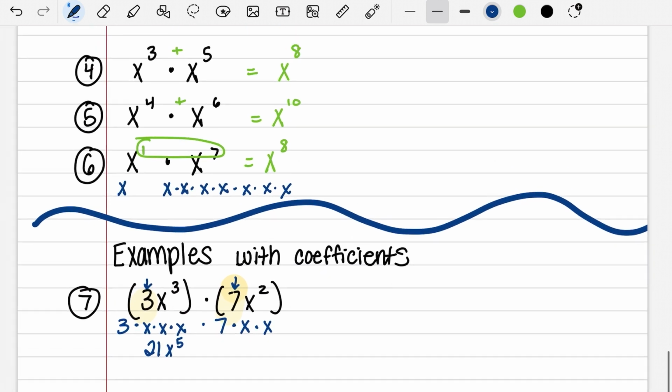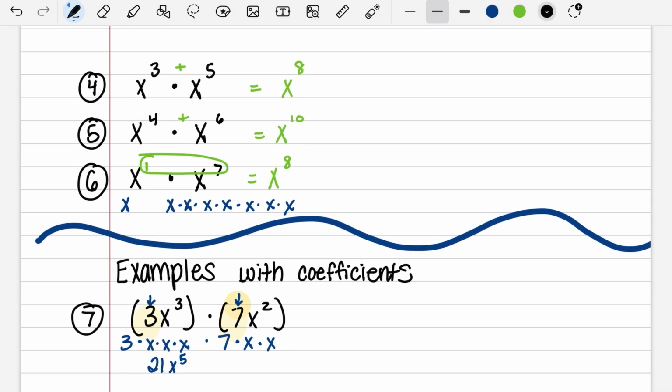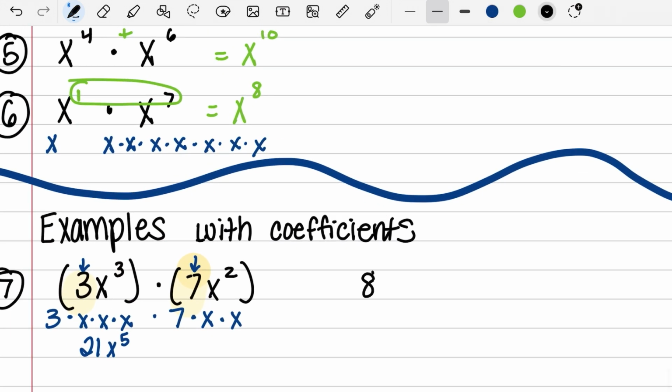Go ahead and try one on your own now. I'm going to put it right here. Let's look at negative 8, x to the power of 7, 2, x to the power of 3. Go ahead and pause this video. Try this out.